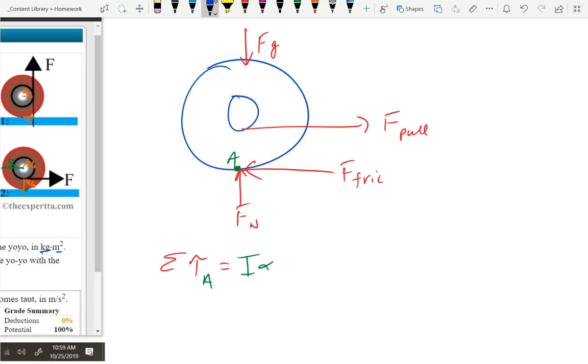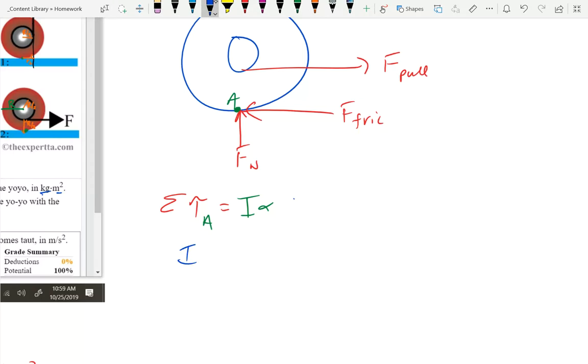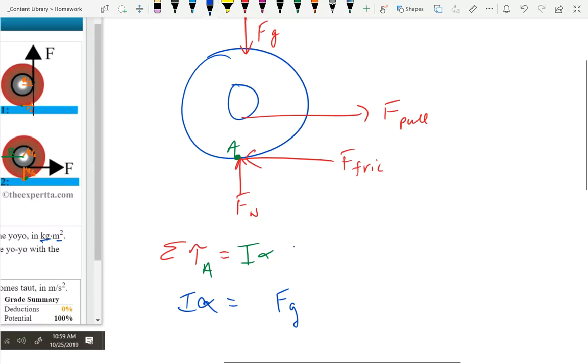Okay, so I'm going to do the torque due to FG. So what's the perpendicular distance from point A to FG? Isabel. Not R. If I make my vector from A to FG, it should be perfectly straight up.